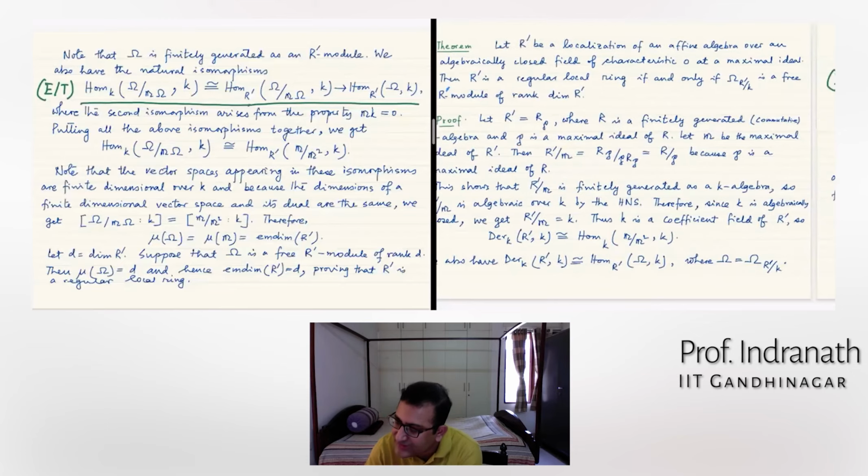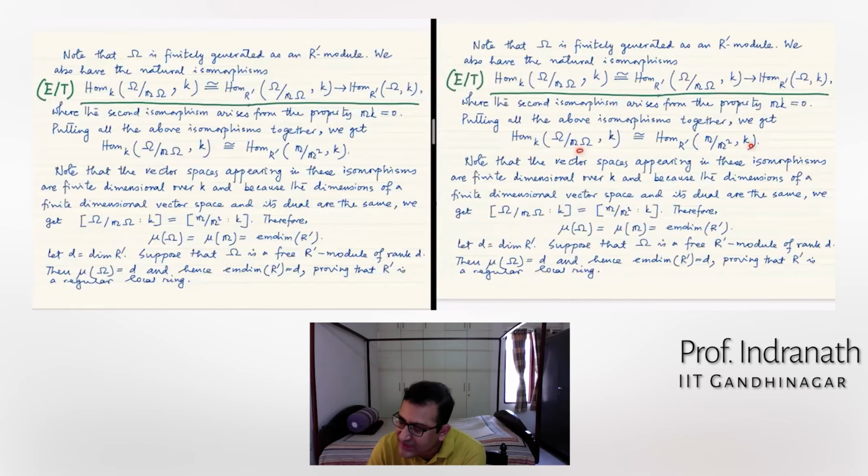Let me just point out a very important point, that here, see, when we were proving this, we used the derivation module to sort of factor through. And this was extremely important, when we were proving the part that if you have a regular local ring, then what happens?